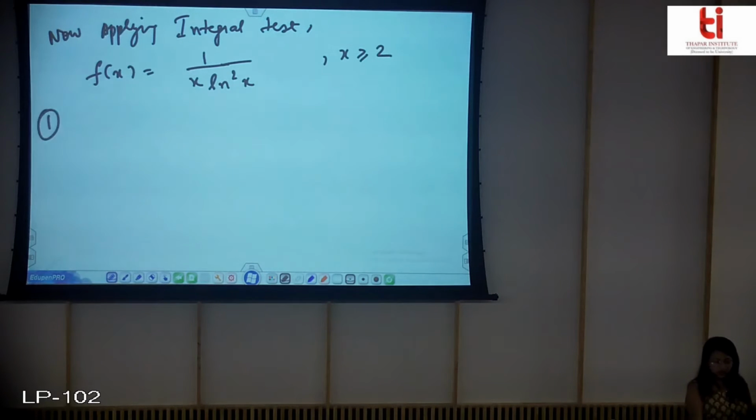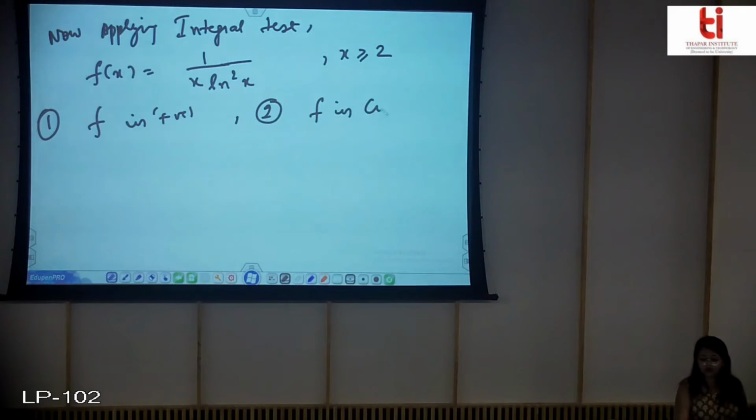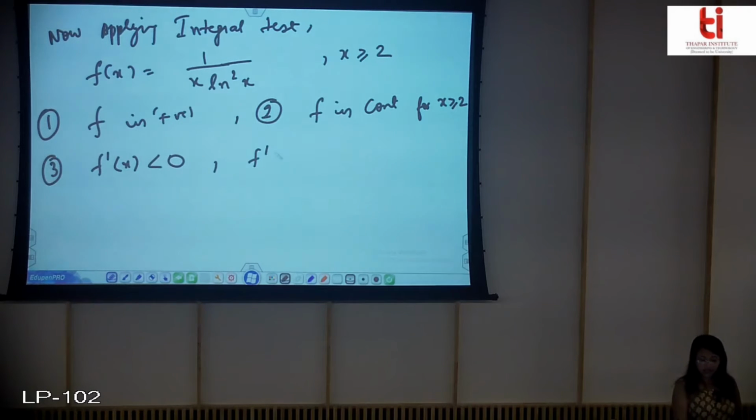Now clearly you can see that f is positive. Second, f is continuous for x greater than or equal to 2. And thirdly, f dash x is less than 0, because f dash x is what?